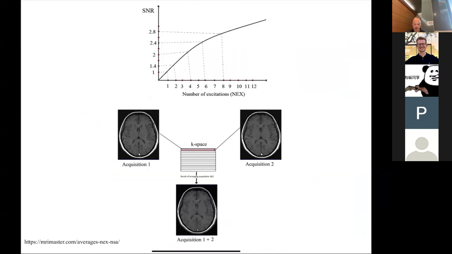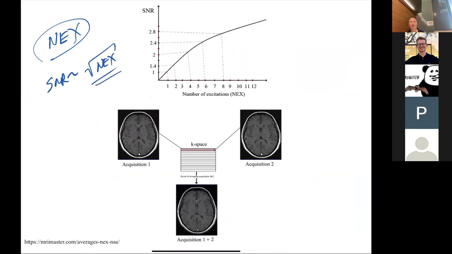So that's bandwidth. Now we're going to get into NEX. This is the number of excitations, and as you'd expect, the SNR should go as the square root of NEX. This is what you see in all of science: the more you average, the better the signal looks.